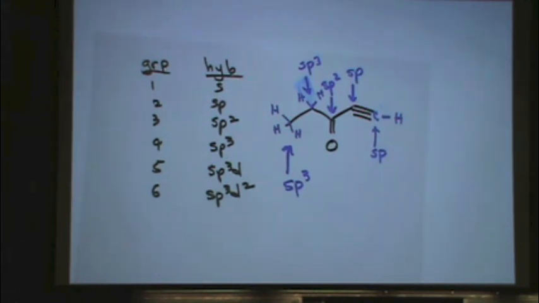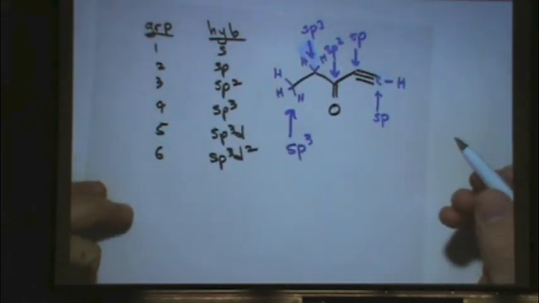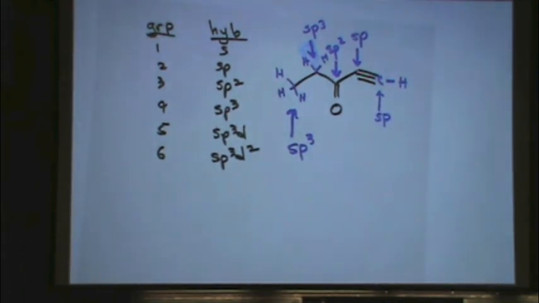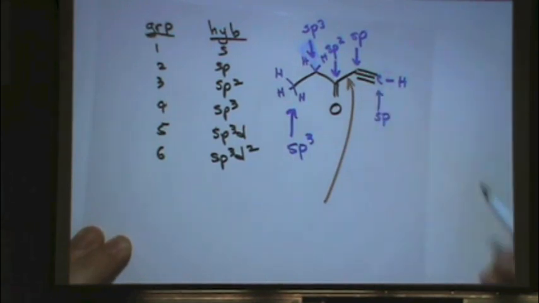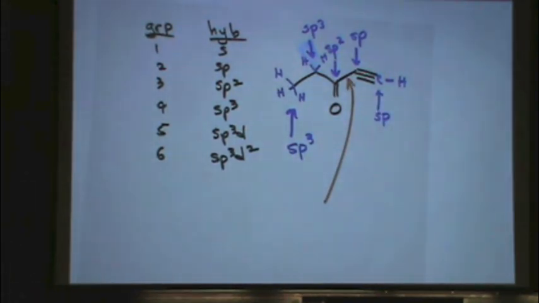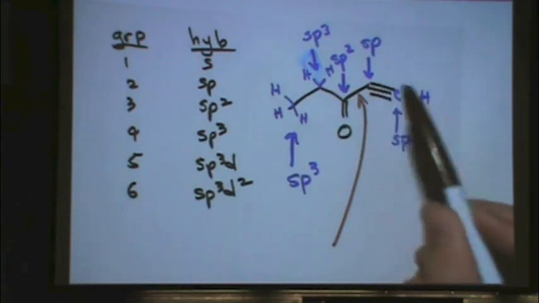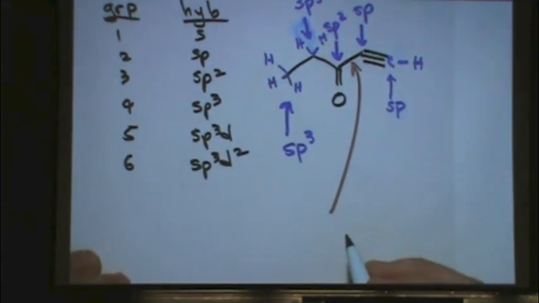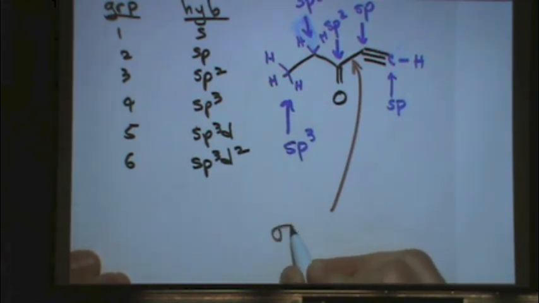You can do overlapping bonds. That's the other common question. Let's take this bond right there, and we could ask you, what orbitals overlap to make that bond? Well, there's a carbon on the left and the carbon on the right. Is this a sigma or a pi bond? It's a sigma.